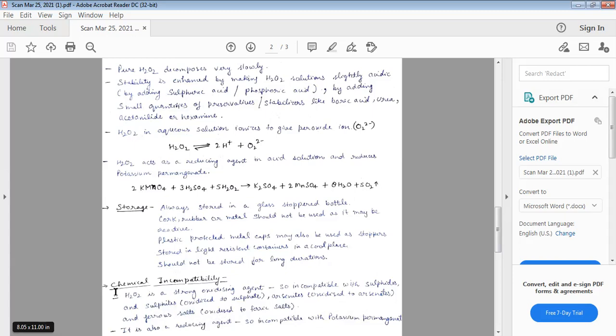It is also incompatible with arsenides, and it is also incompatible with ferrous salts, as the ferrous salts are oxidized to ferric salts. As I have already discussed, it is also a reducing agent, so it is incompatible with potassium permanganate, as discussed earlier in the chemical properties.